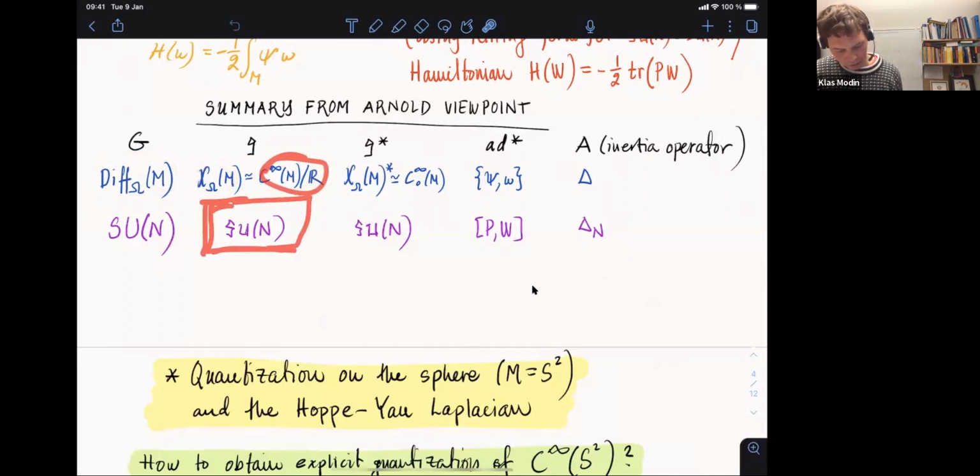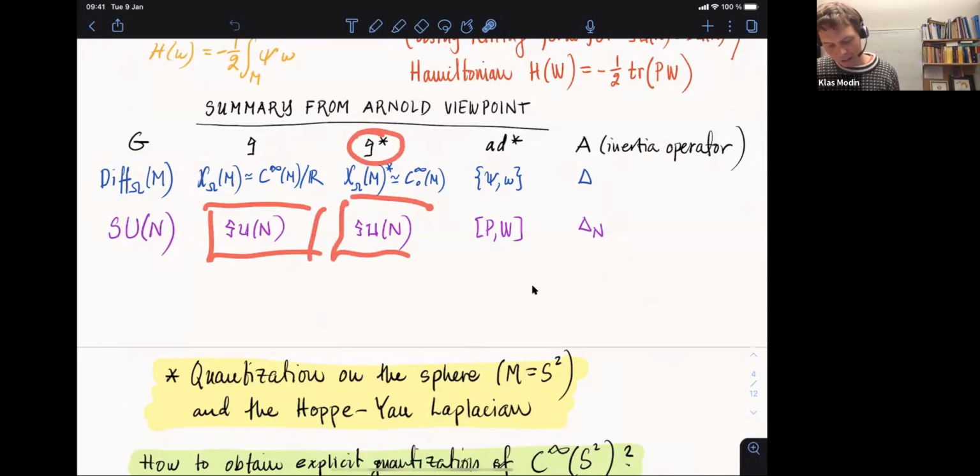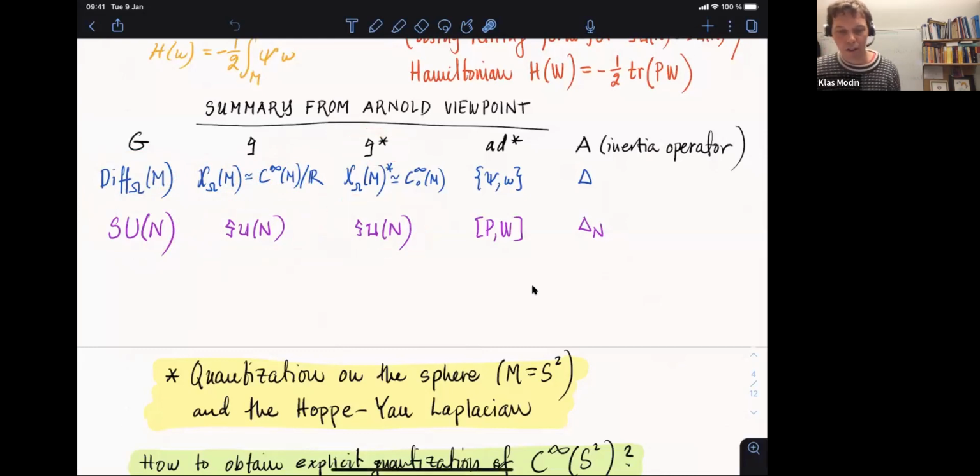It's just the Lie algebra of this Lie group. Because this Lie algebra is compact, as you said, we have a Killing form. It's enough that it's semi-simple. We have a Killing form, so we can identify the dual with the algebra itself in a canonical way. I'll do this. It just makes things a little bit easier. And if we do this, then the ad star operator is in fact just the commutator.